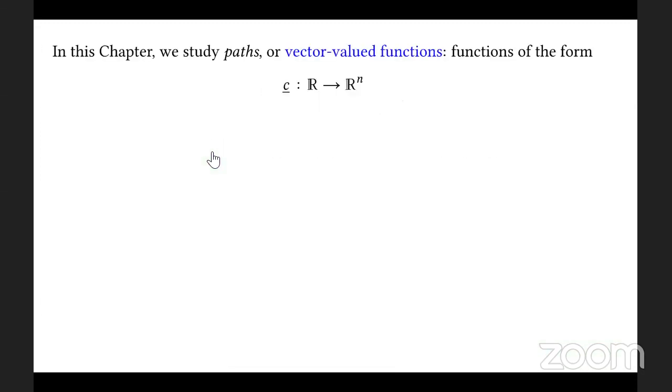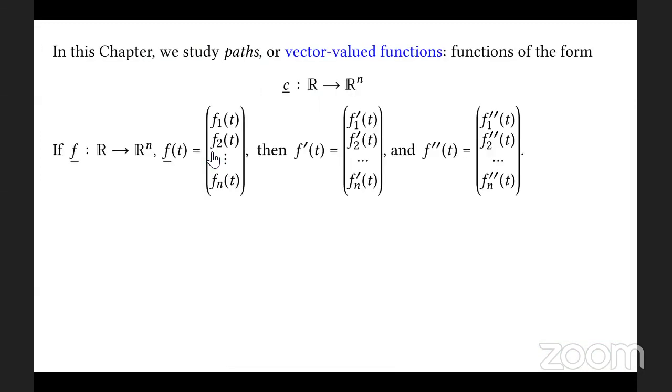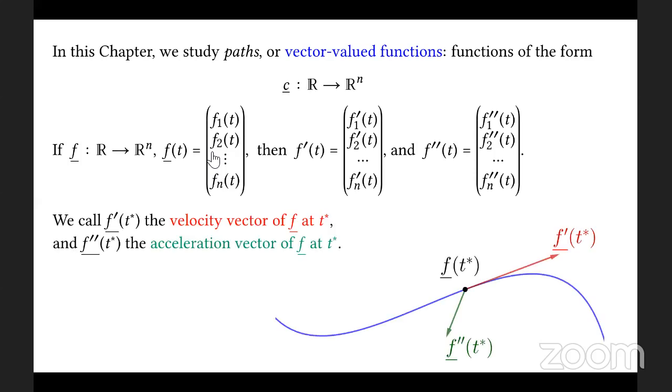Okay. So vector valued functions. If f is some curve in Rn, like we said earlier, the derivative of f you just take component-wise, and the second derivative is the exact same thing. We call f prime the velocity vector of f at t, and the acceleration vector.